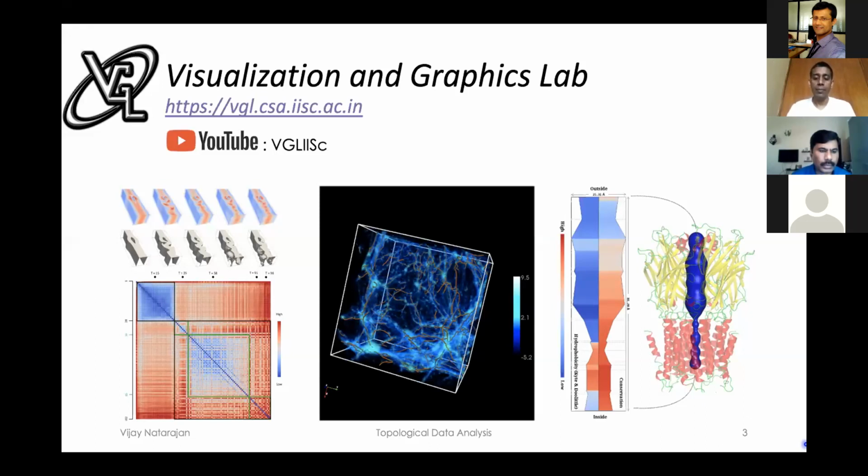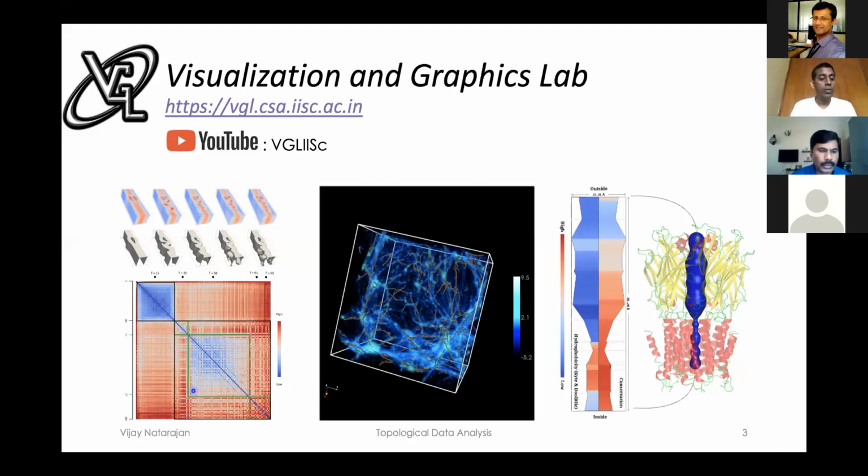towards drug design. We work with cosmologists, astronomers, who are interested in the study of the universe and its large-scale structure. So we help them analyze their data to uncover the filament-like structures in the universe.